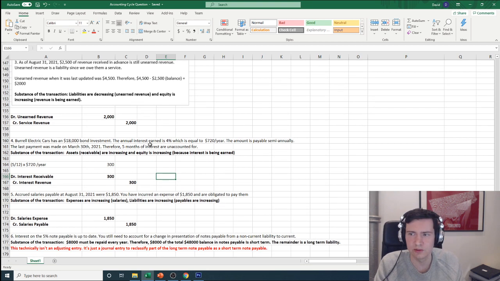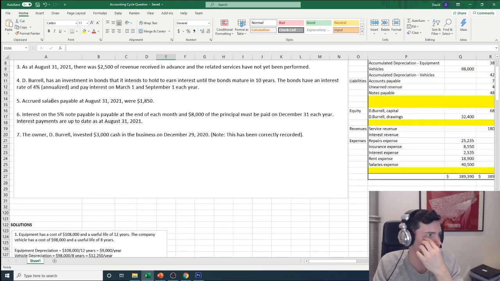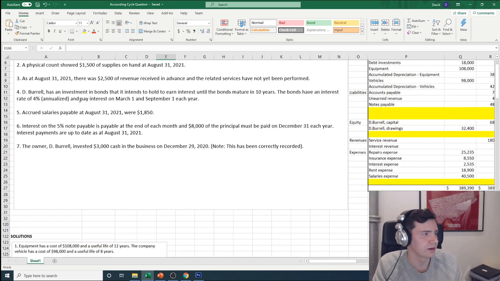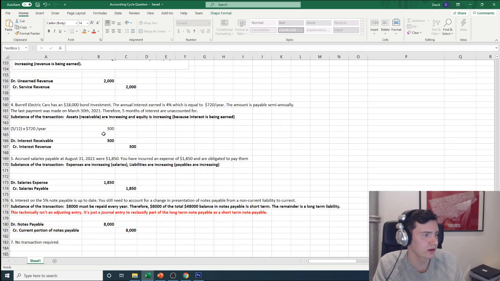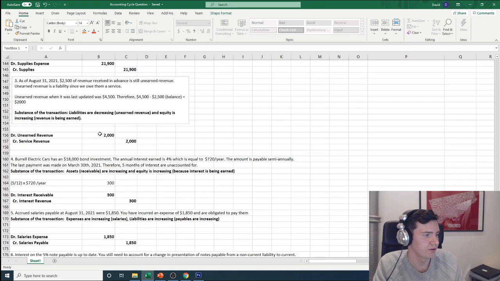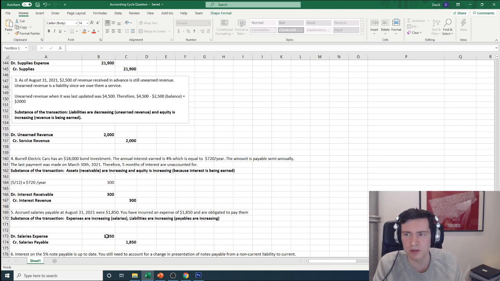Okay, I will continue. So, next one is accrued salaries payable August 31st, 2021 is $18.50. So it says right there that we need to accrue salaries of $18.50. So there's not much to do with that question altogether.